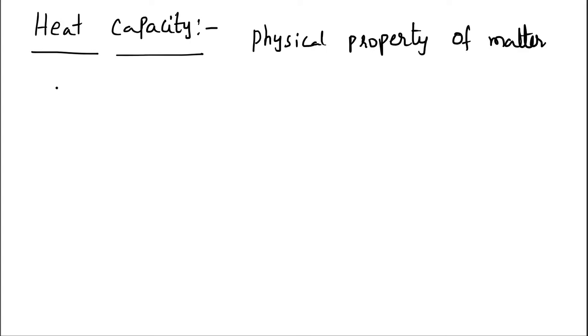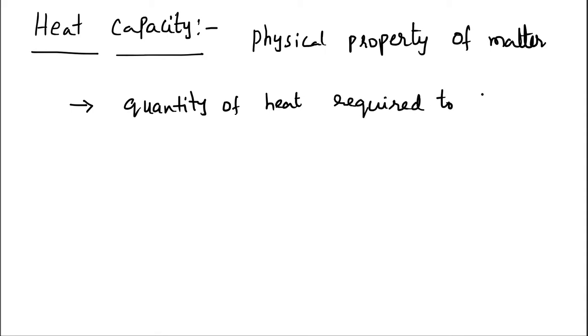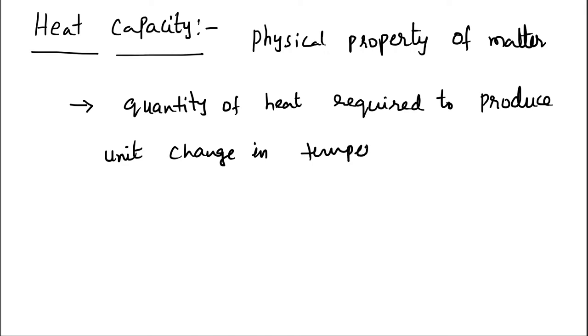So heat capacity is basically defined as the quantity of heat required to produce a unit change in temperature. Unit change means 1 degree centigrade or 1 degree Kelvin of a given mass.